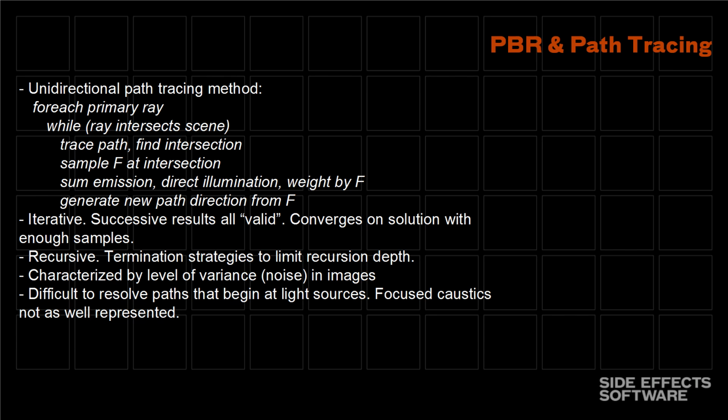So focus caustics, very high, sharp caustic highlights, are not well represented within the unidirectional path tracing method. However, broad specular transfer is possible. It's just that other strategies become more suited towards dealing with paths that begin at the light sources as well as the camera. And we look at things like bidirectional path tracing in that sense.